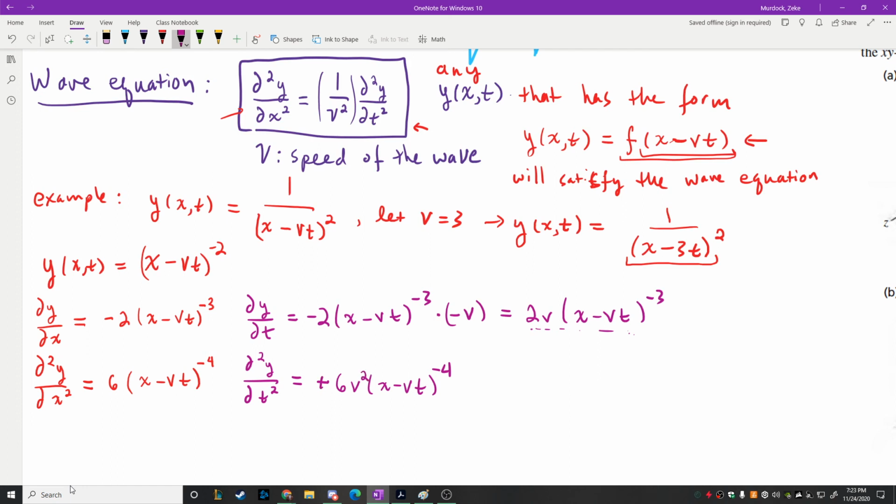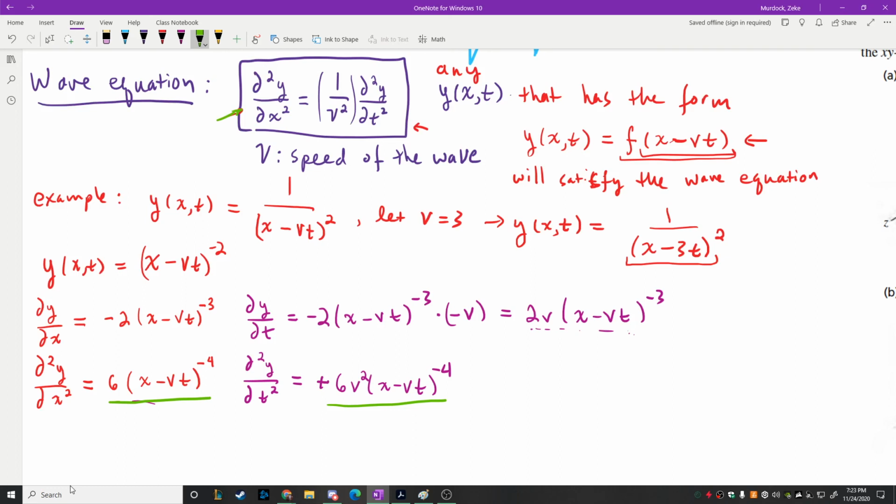According to our wave equation, this needs to be equal to this multiplied by 1 over v squared, and it is. If I divide the one on the right by v squared, I get the one on the left. That means it satisfies the equation.